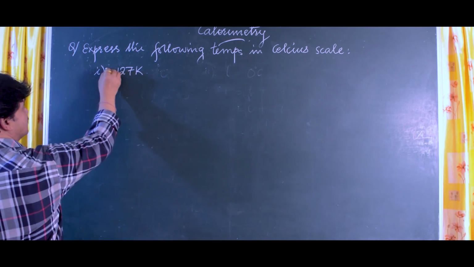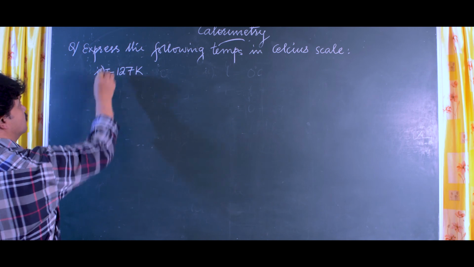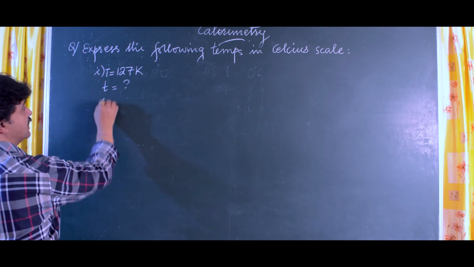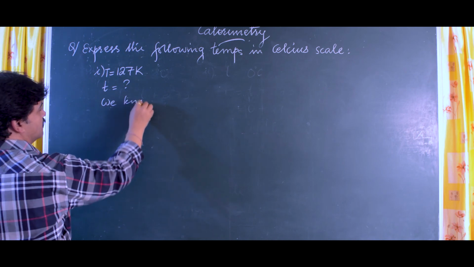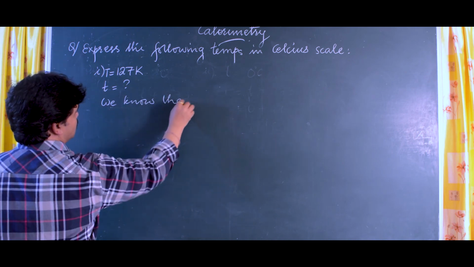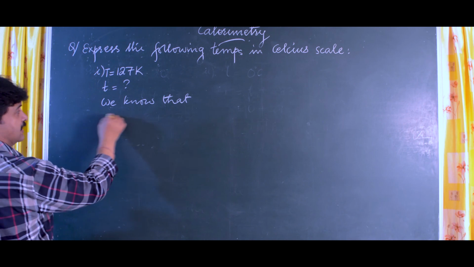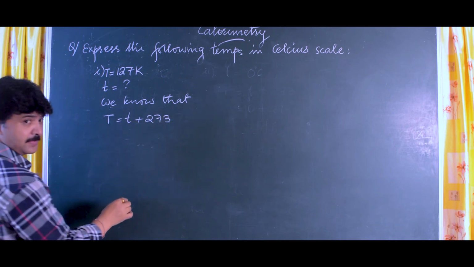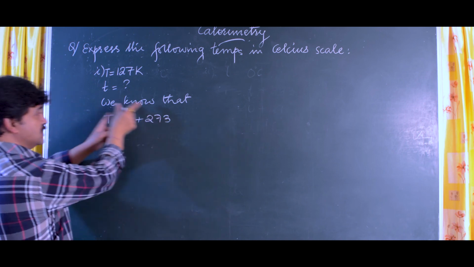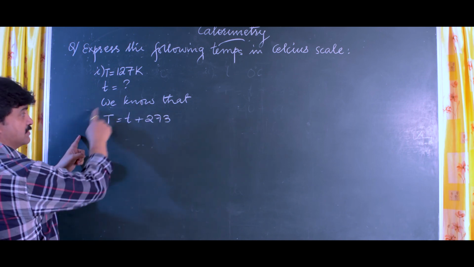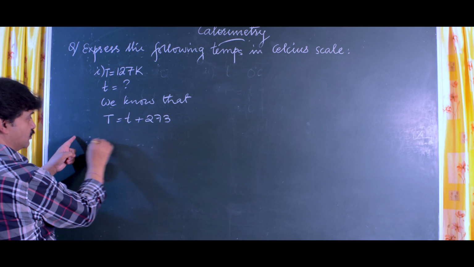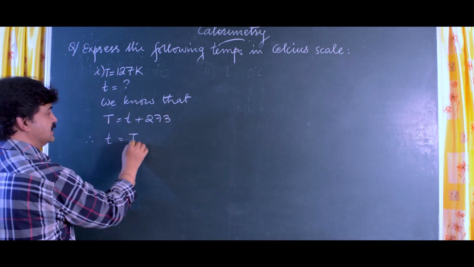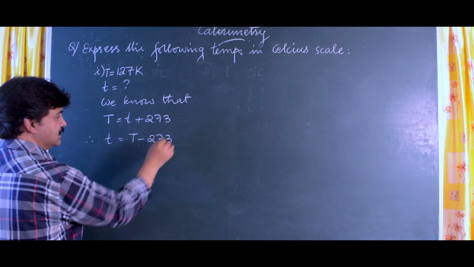This is the value of capital T, and small t is what you have to find out. What is the formula? Capital T is t plus 273. When we transpose it to this side, plus becomes minus. Therefore, small t will be T minus 273.